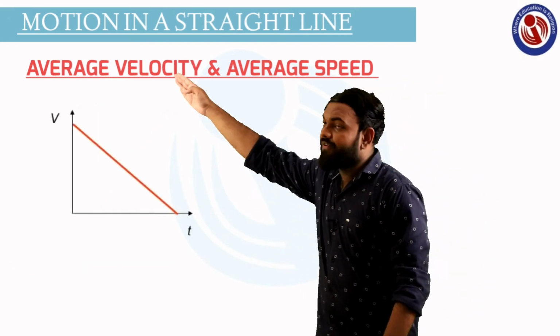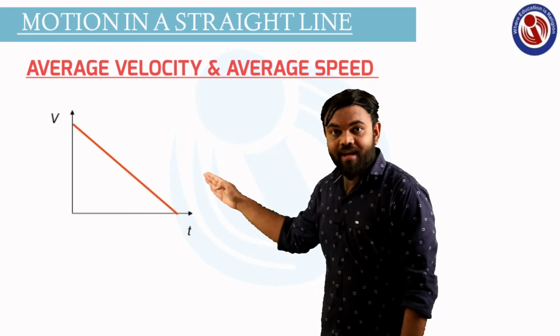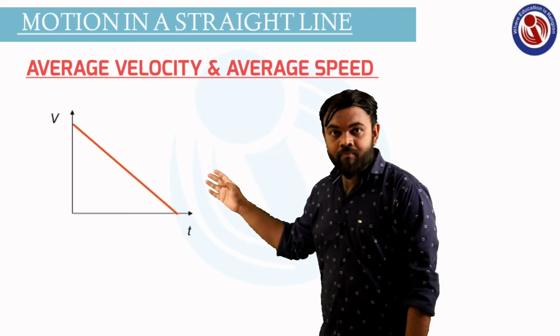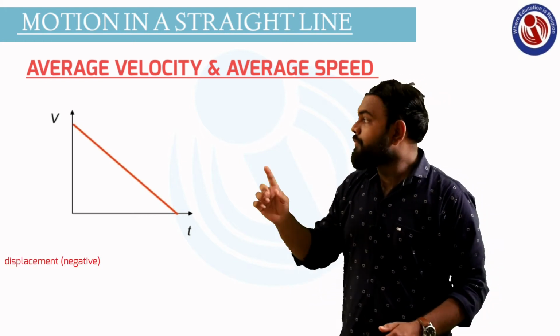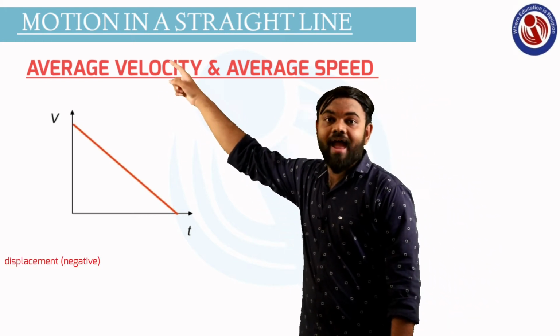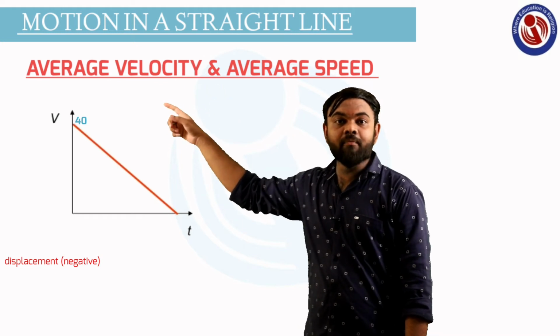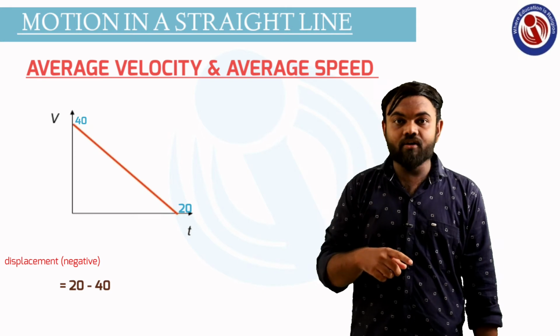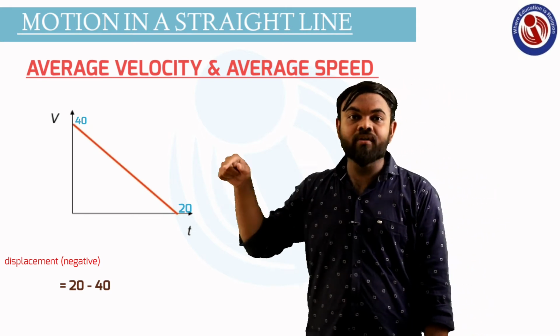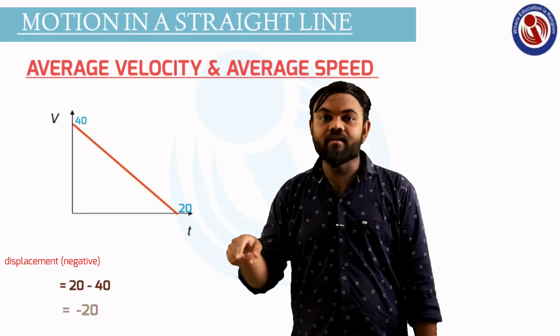Now the second graph is in the downward direction in x, that's why displacement is negative. How? Here the starting point is x equal to 40, the ending point is x equal to 20, so displacement is equal to 20 minus 40, which is minus 20.